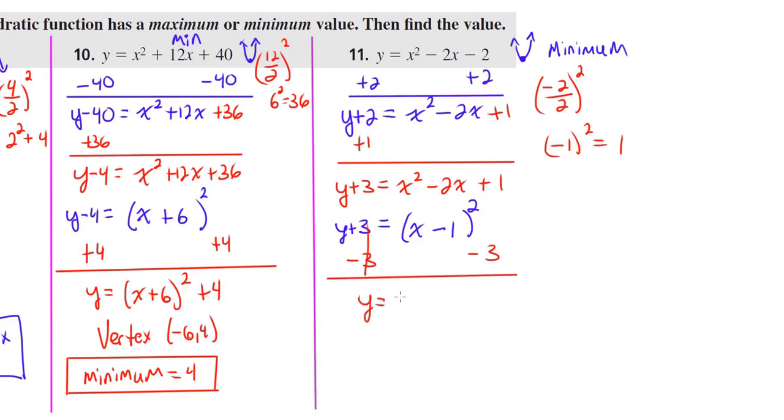We get y equals x minus 1 squared minus 3. So that makes our vertex 1 comma negative 3, and our minimum value is negative 3.